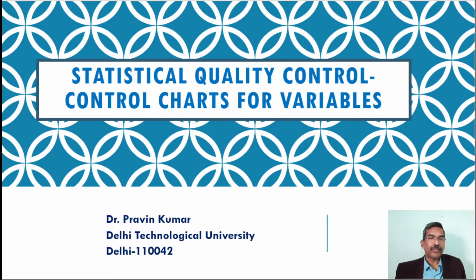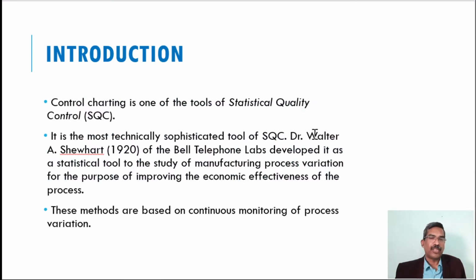Now, the control chart for variables. There are two types of quality parameter. One is known as variable and the other is known as attributes. Variables are those quality parameters which can be directly measured in terms of a continuous number.